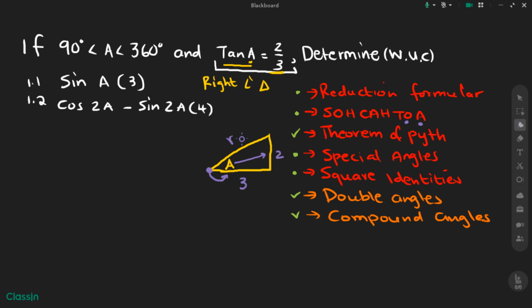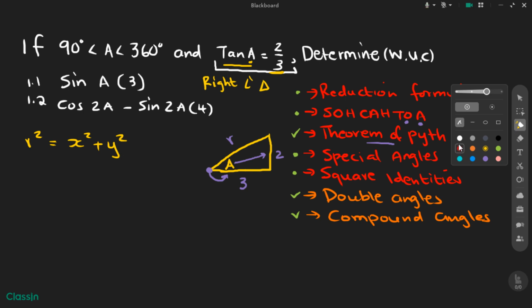Now, we are going to use the theorem of Pythagoras in order for us to calculate the value of r. When we take the theorem of Pythagoras, r squared equals x squared plus y squared.